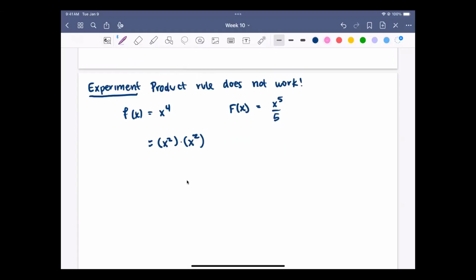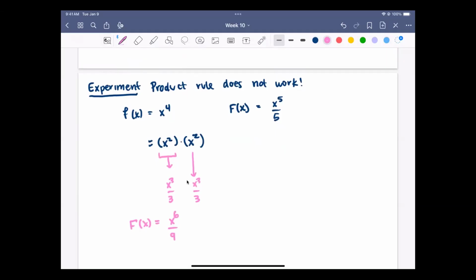The antiderivative of x squared is x cubed divided by 3, right? Same thing here. So in my alternate universe, the antiderivative of f of x would be x to the 6th divided by 9.